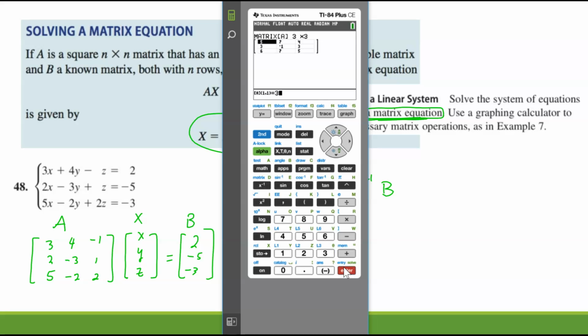Putting in 3, 4, negative 1, 2, negative 3, 1, 5, negative 2, and 2. Okay, second quit, second matrix, edit B, 3 by 1, 2, negative 5, negative 3.